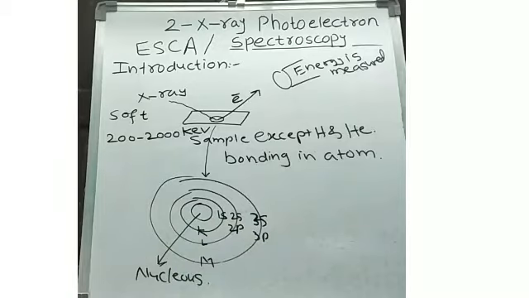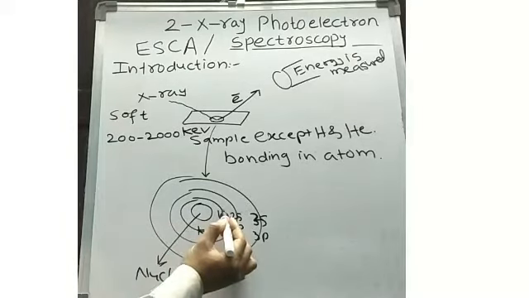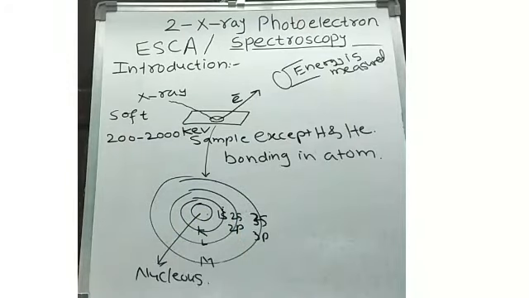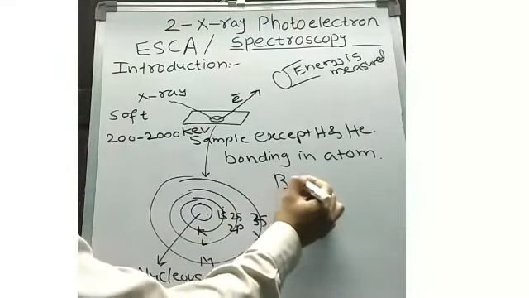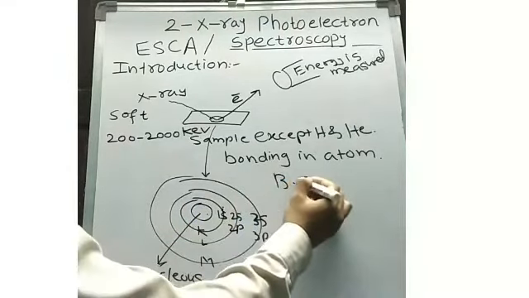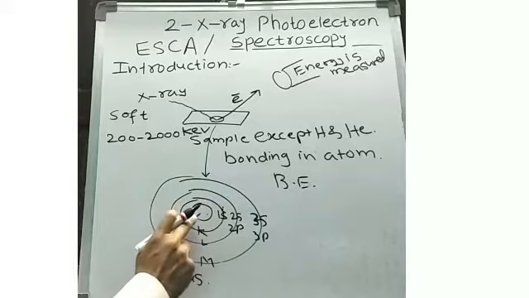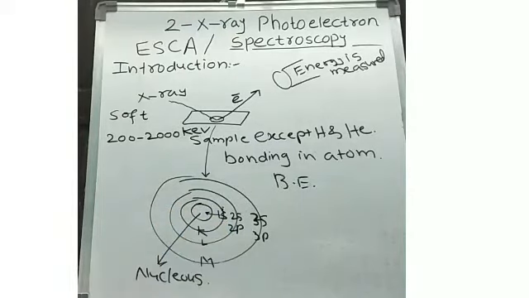If an electron is present here, then the energy holding the electron with the nucleus is called the binding energy. Binding energy is the amount of energy to hold the electron with the nucleus. So binding energies are different when electrons are present in different orbits in the shell.